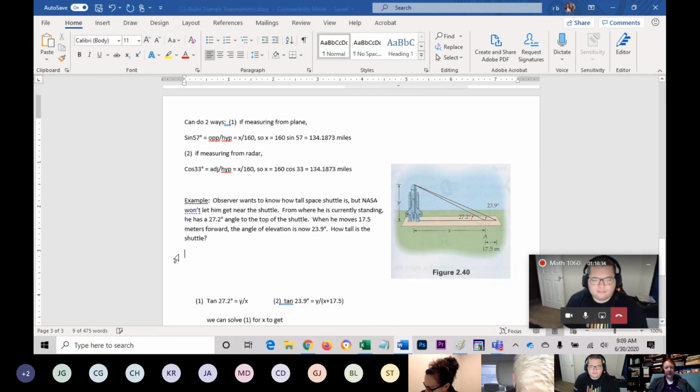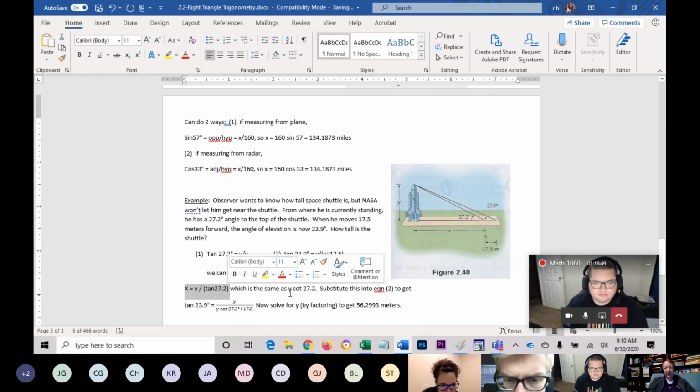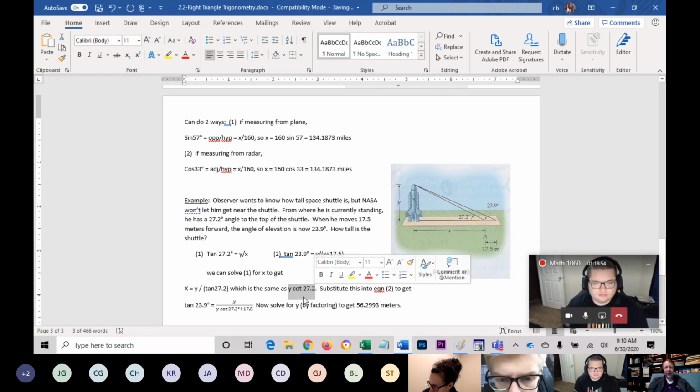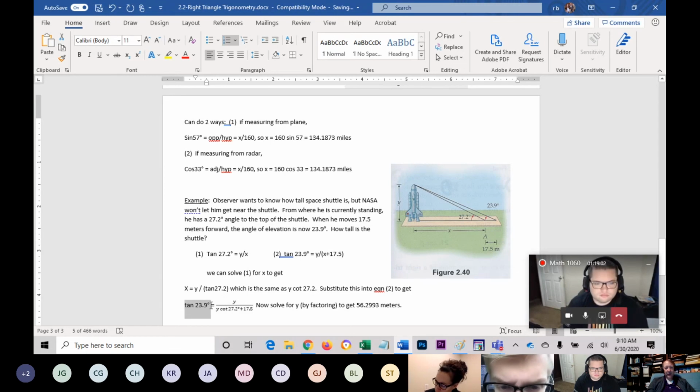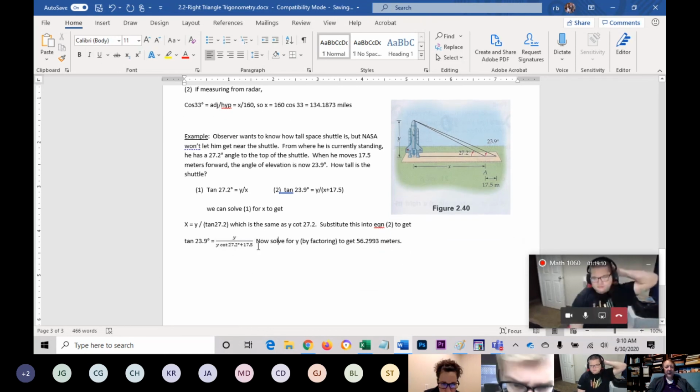Okay. So we've got those two equations. If you solve for x, you get x equals y divided by the tangent of 27.2, which is the same thing as y times the cotangent of 27.2. So we can substitute that into this equation here, which gives us the tangent of 23.9. And I don't care whether you solve it for y or x. But this does get a little bit tricky here.